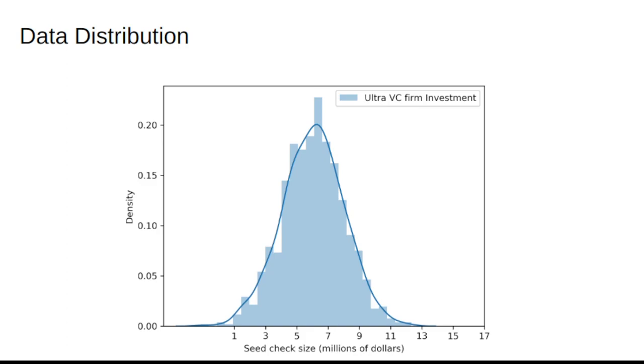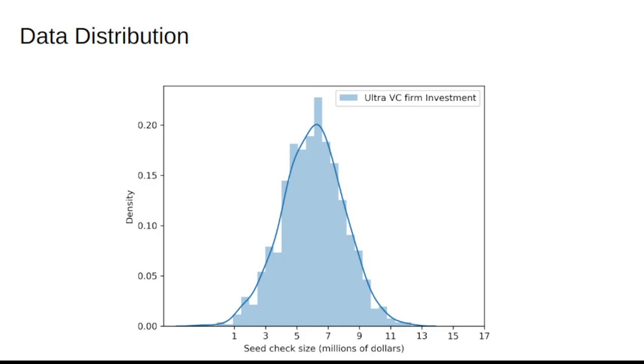This is interesting. It tells us a few things. It tells us how the firm invests. They have quite large check sizes, in some instances $11 or $13 million for a seed round, quite a bit. They also have very small check sizes, but most of the time they're somewhere in the middle.